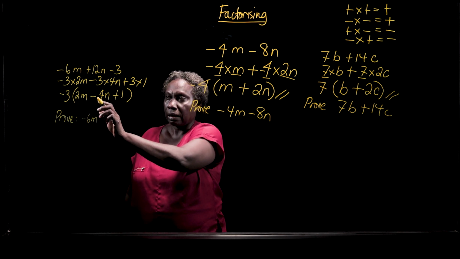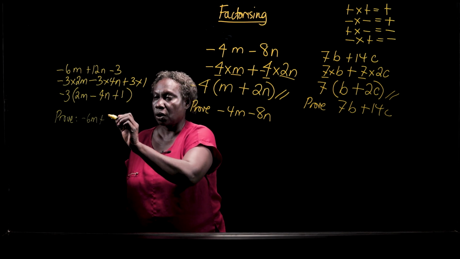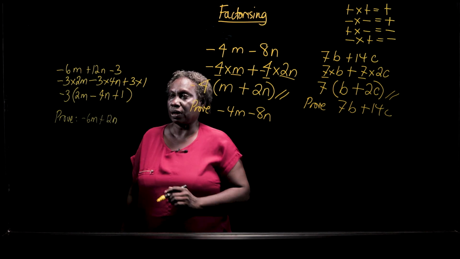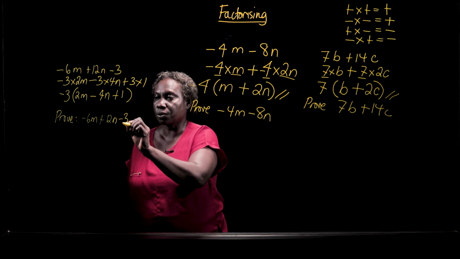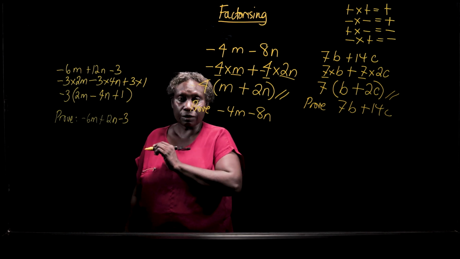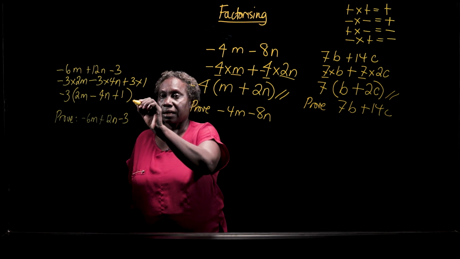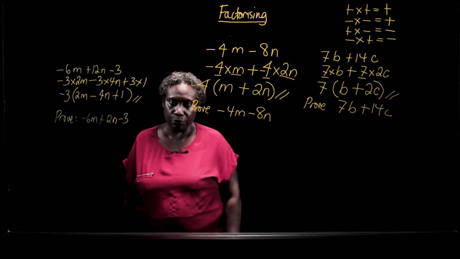Negative 3 times negative 4n gives us positive 12n. And negative 3 times positive 1 gives us negative 3. So, negative 3 times 2m minus 4n plus 1 is the correct factorized form of that expression that we have.